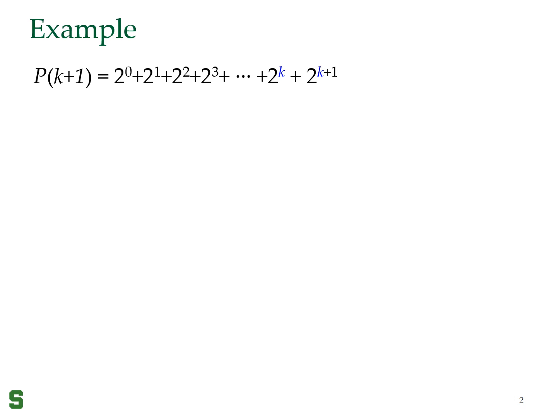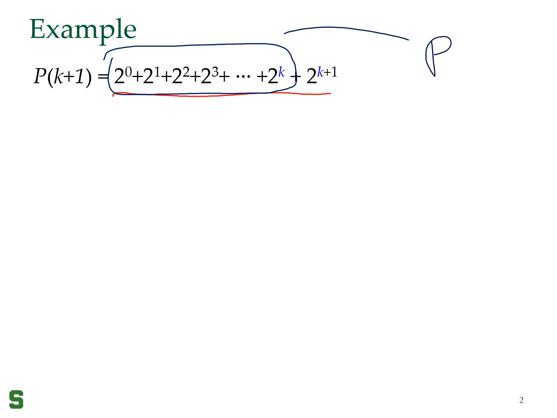So in Pk plus 1, the term that we have is 2 to the power 0 plus 2 to the power 1 all the way up to 2 to the power k plus 1. If I look at this term over here, this is what I find in Pk. So essentially, we are going to find this term and then replace it by what we have assumed with our hypothesis.